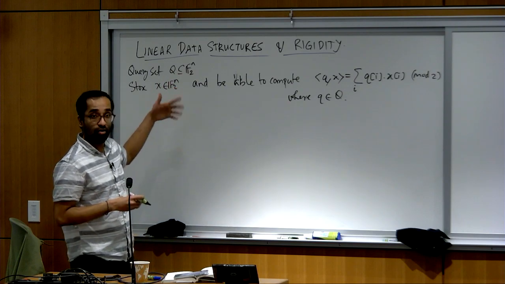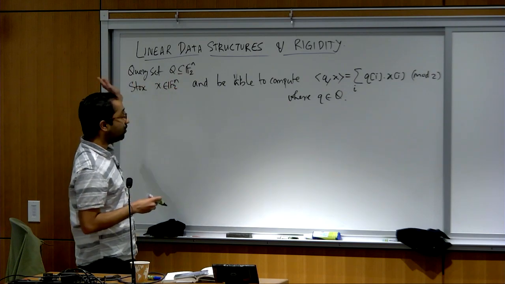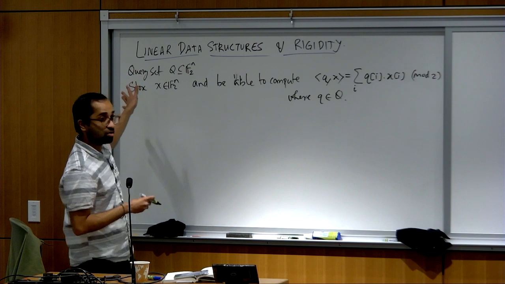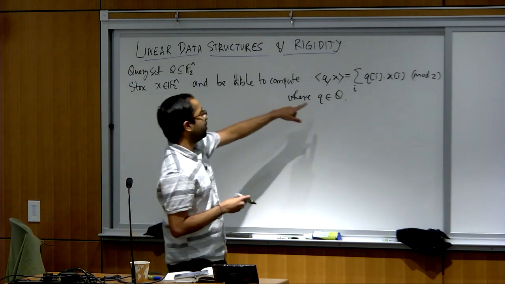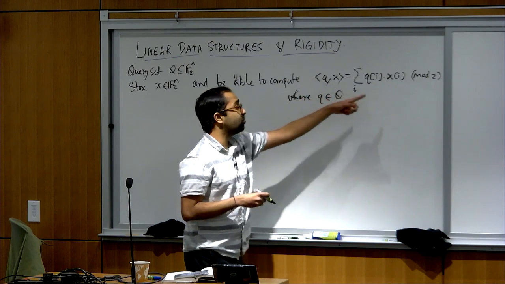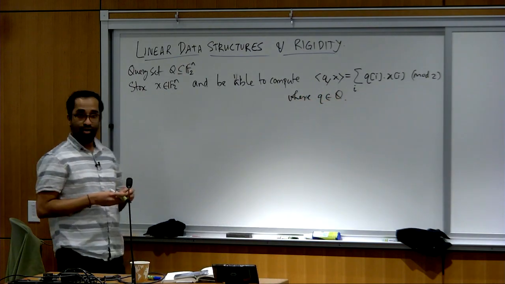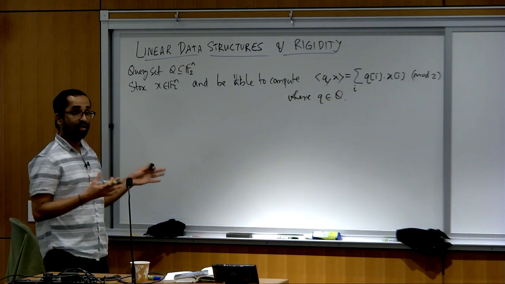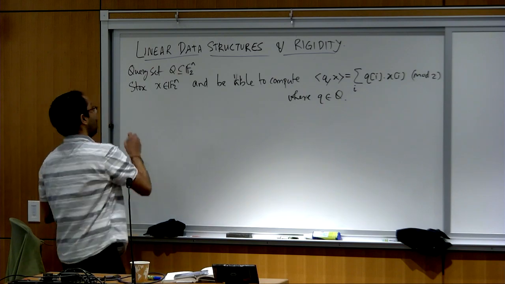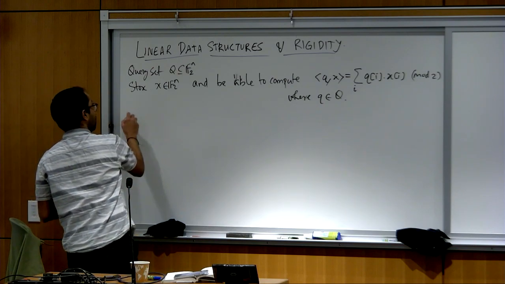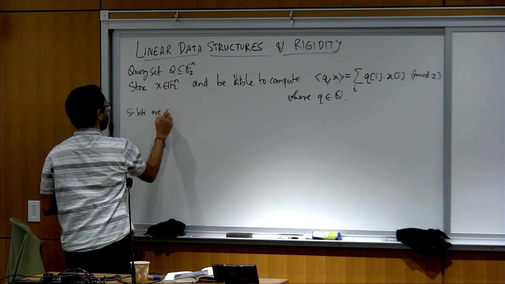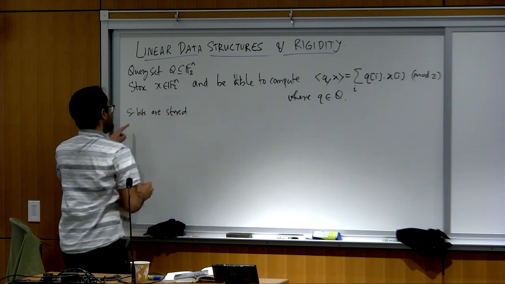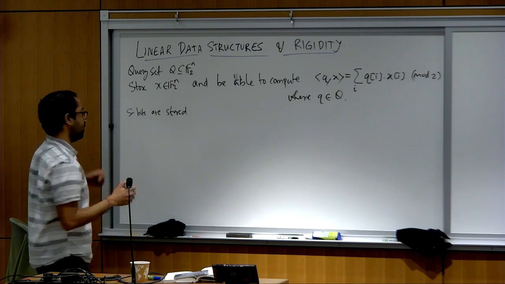You can preprocess x using as much time and resources as you want, and the query algorithm is going to get one q as input, and it should be able to output this inner product. I haven't told you yet what the data structure is going to store. The data structure stores s bits, where each of these bits is a linear function of x.